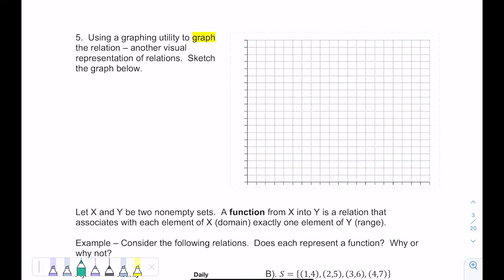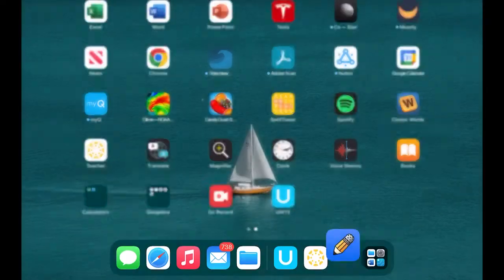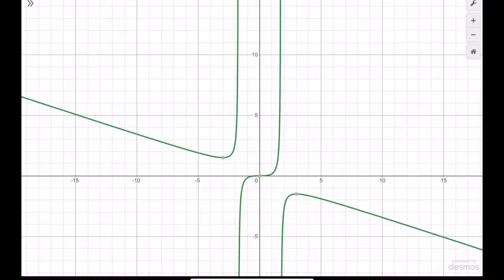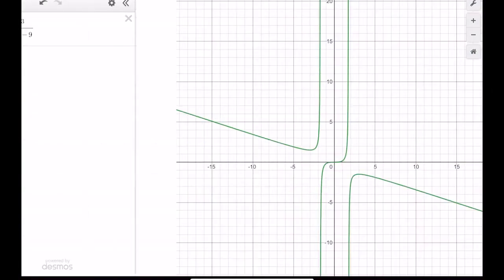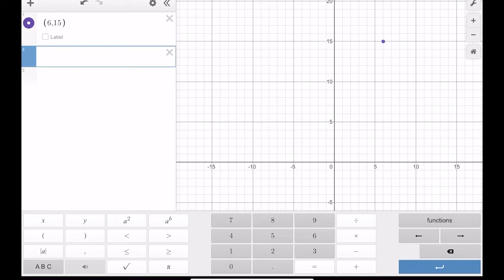Another way to represent relations, another visual way, is to graph. So you could graph each of those points. So I'm going to take those points and I'm actually going to graph them on Desmos to save some time, and also so you can see how technology would work here. So I'm going to clear out what's there, and you can list ordered pairs, so I'm going to do that now. So we would do 6 comma 15, you put it in parentheses, and we don't really need them labeled, that's okay.